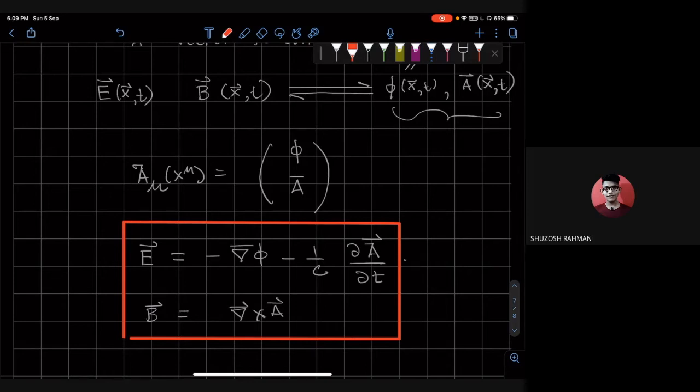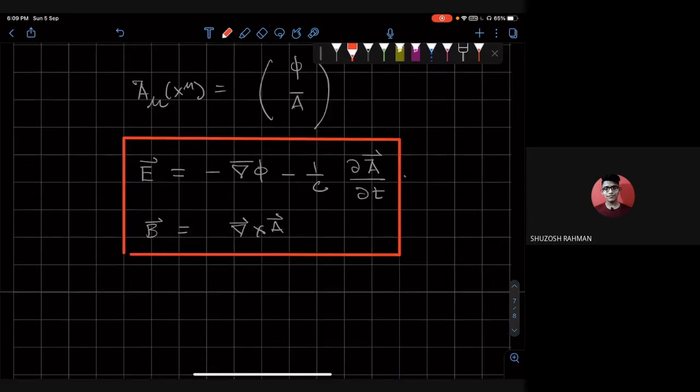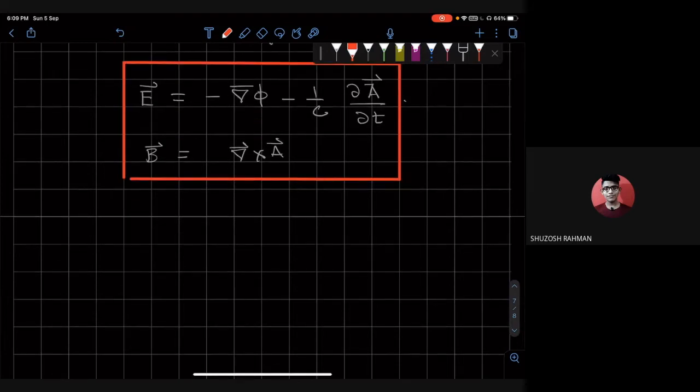Now, there's something interesting. For example, in classical physics, if I give you a potential, you can always add to the potential a constant, right? Because in experiments, we don't really measure potential. What do we measure? Force. Force, exactly.